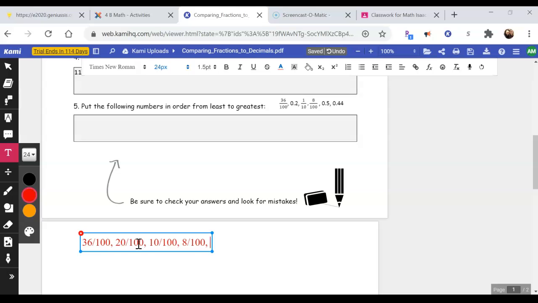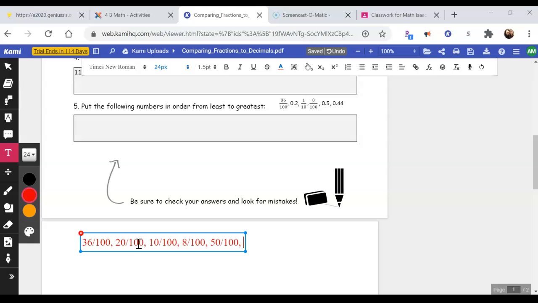Then there is 0.5, which is 5/10. This is one we're going to have to convert. We put it in fraction form the way it's written, which would be 5 over 10. In order to switch that to hundredths, we add a 0 to the bottom, and again we add it to the top.